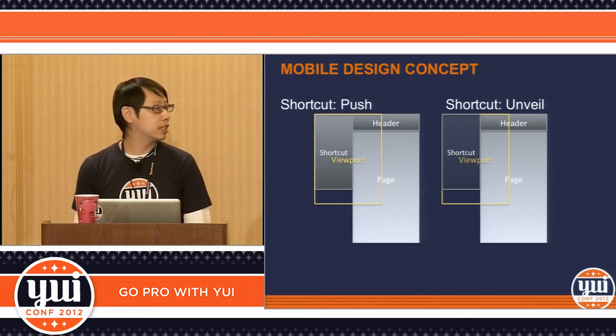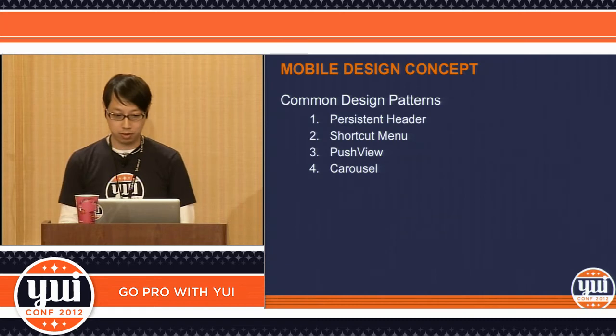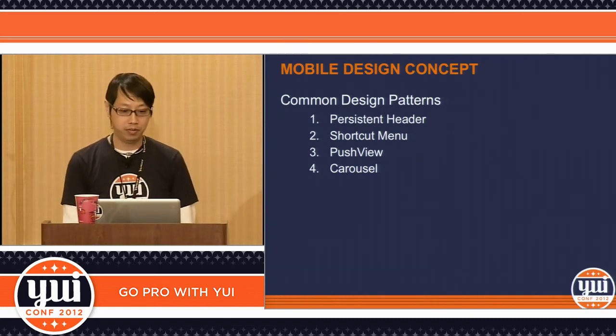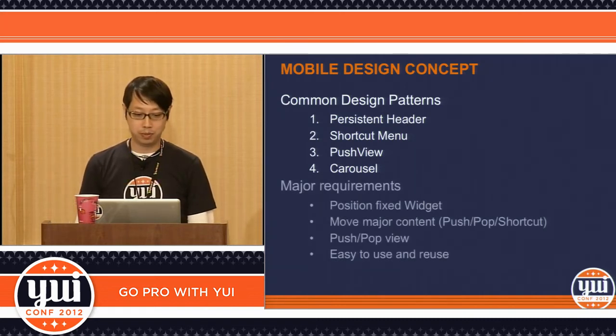For both of these designs, we need to reposition the page. So we design the page widget, and as you can see, the shortcut widget. So far, we have four design patterns to support this.